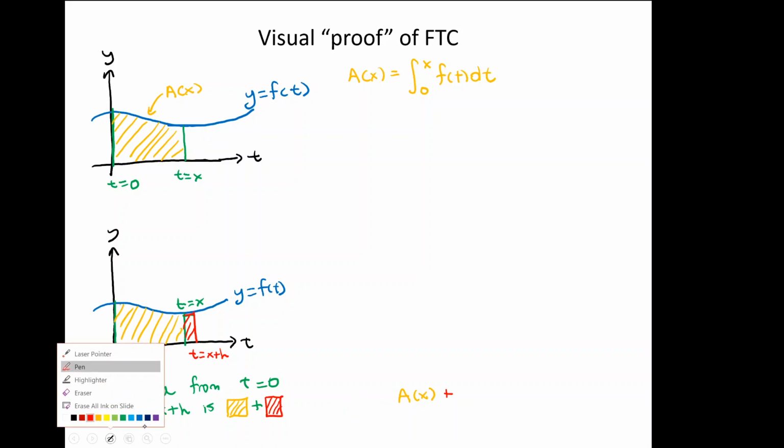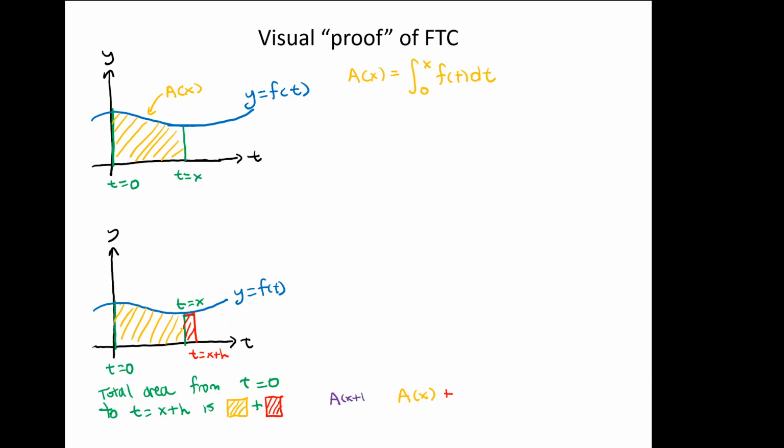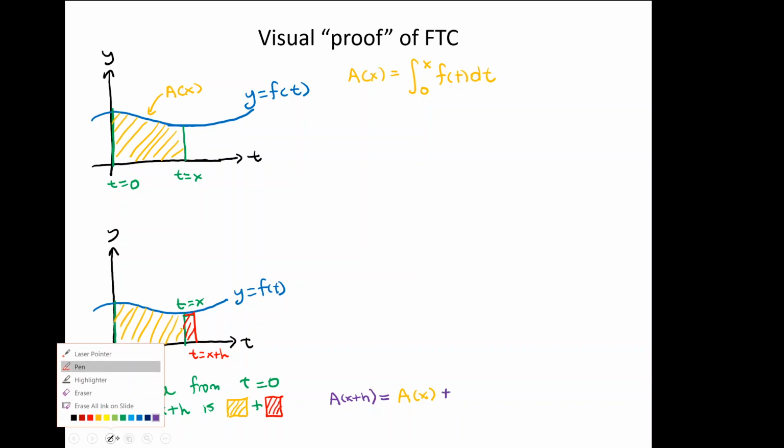Don't want to make it red, make it purple. So area of x plus h is equal to area of x plus the red area. And I'm going to make an approximation. Instead of saying it's exactly equal, I'm going to say it's that yellow shaded region plus a rectangle.